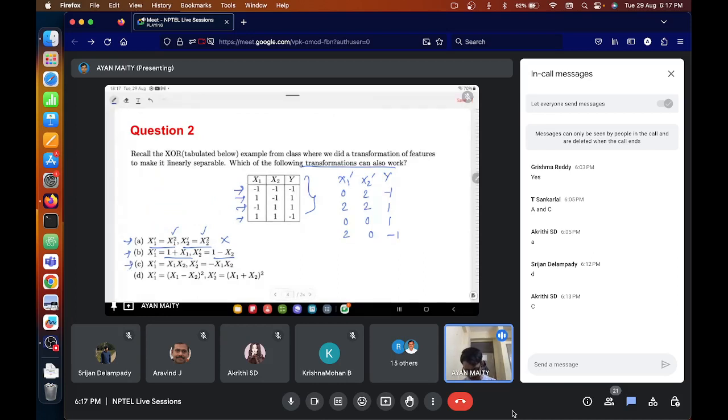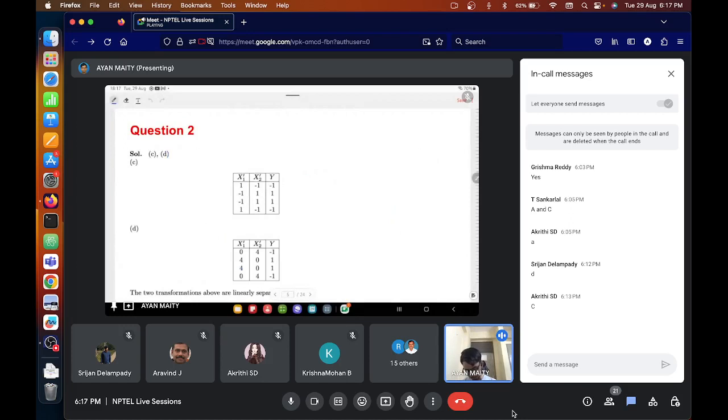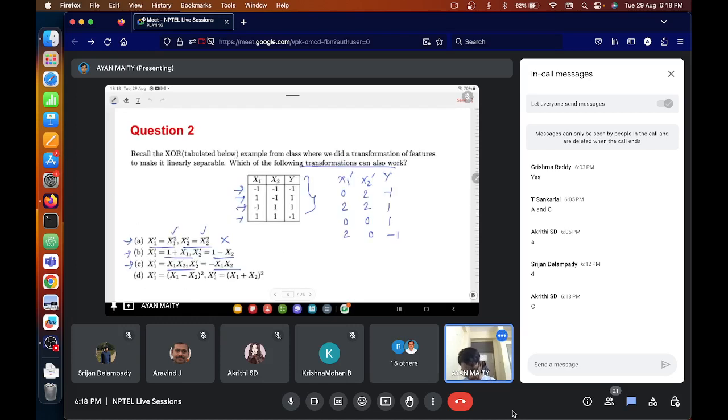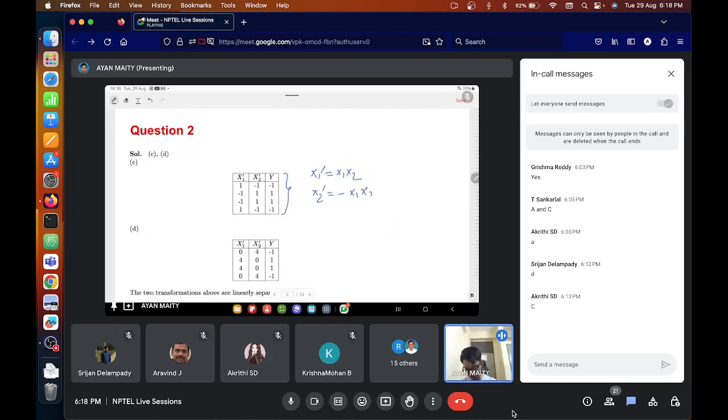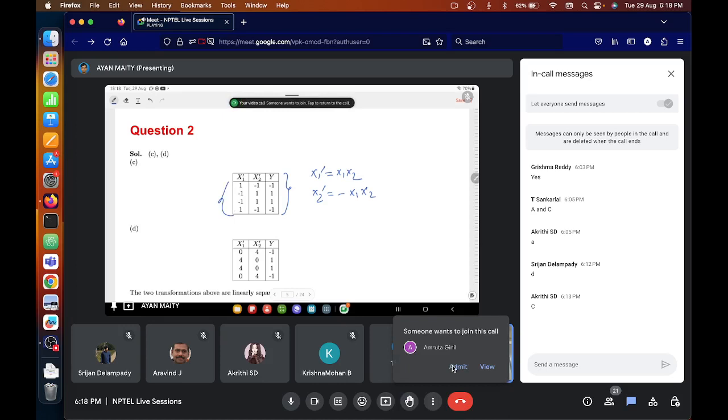Option C is x1 dash is x1 x2, x2 dash is minus x1 x2. So these are the two answers, C and D. If we plot this option C, where x1 dash is x1 into x2, and x2 dash is minus x1 x2, these are the four transformed points that we will get.